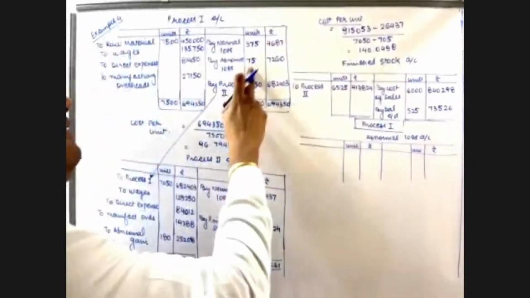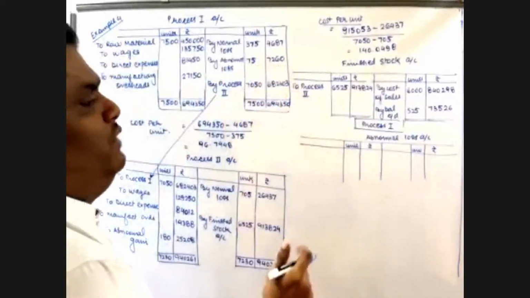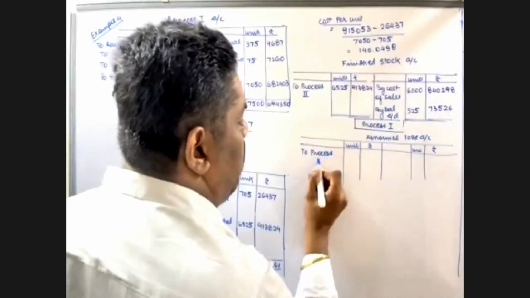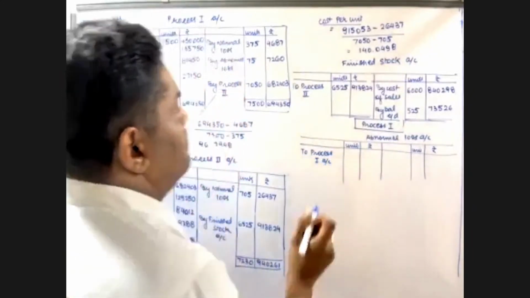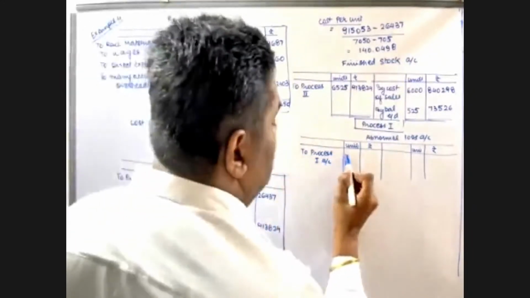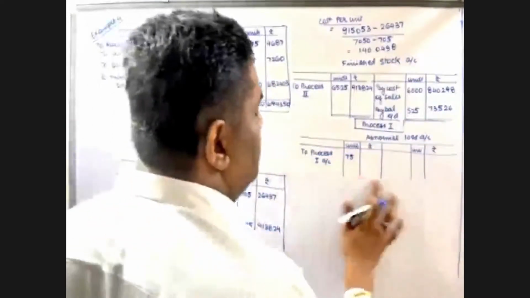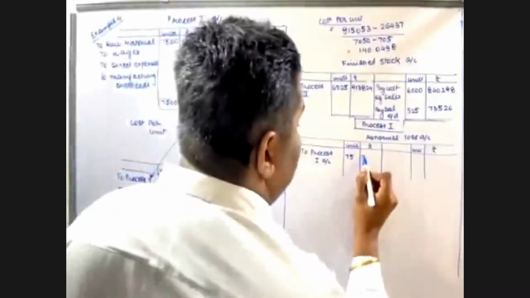Now, abnormal loss is 75 units and the value is 7260. So, to process first account, 75 units and 7260.